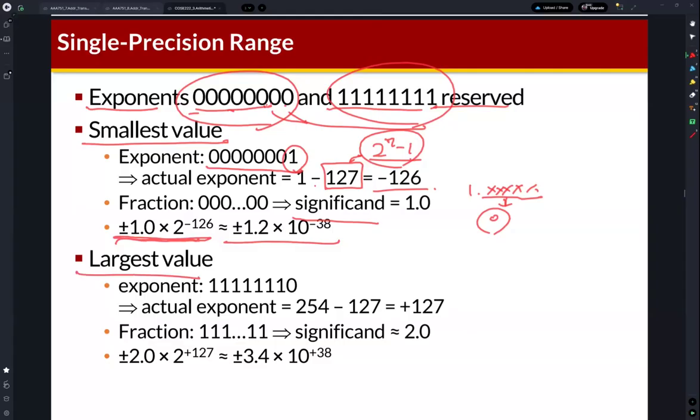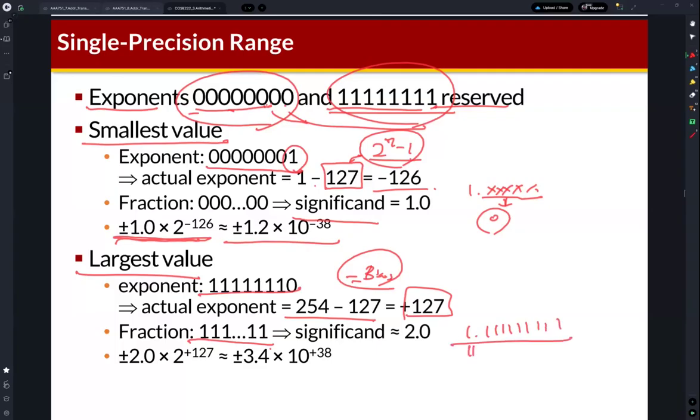For the largest number, because all ones are reserved, this is the largest exponent. And then the actual exponent is 127, right? Because we need to perform the minus bias. And for the large value, the fractions are all ones, right? So 1.111111. What is this number?